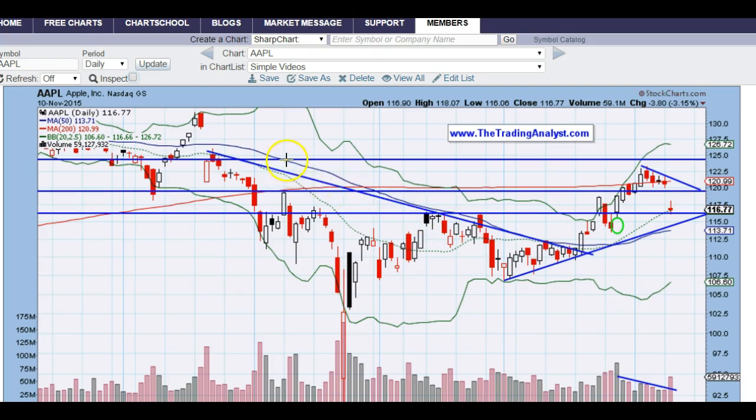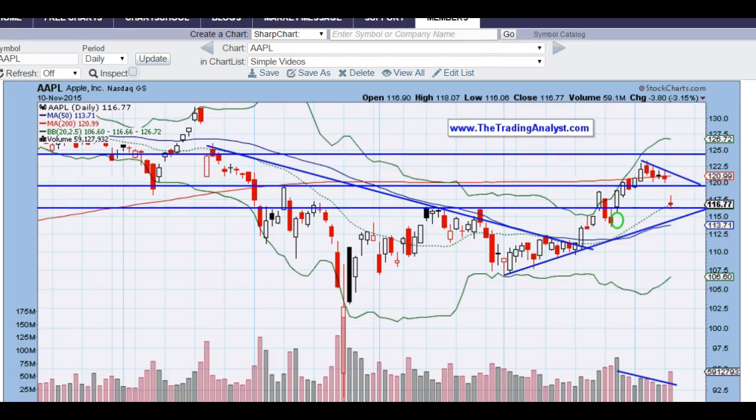It lined up perfectly with this trend line right here. Okay, and now it's lining up perfectly with this trend line. I really like to see that when trend lines match up with moving averages. It's great to see. So most important thing, this trend line needs to hold.